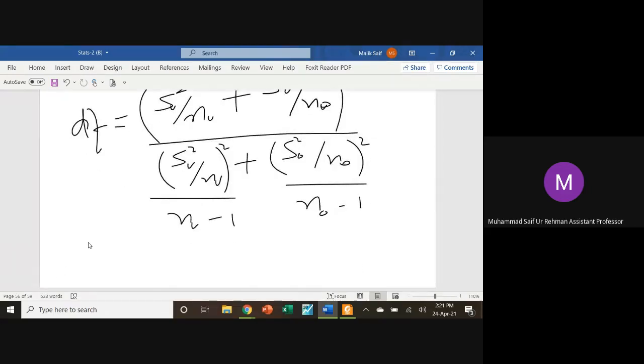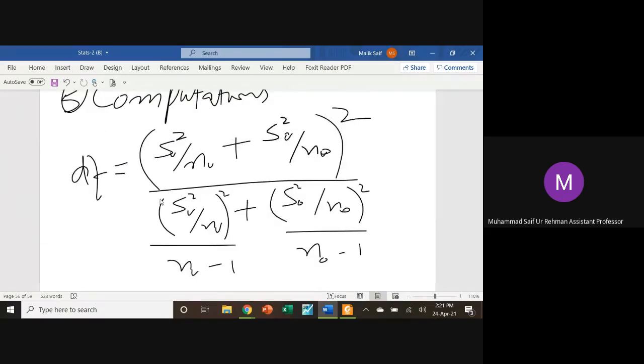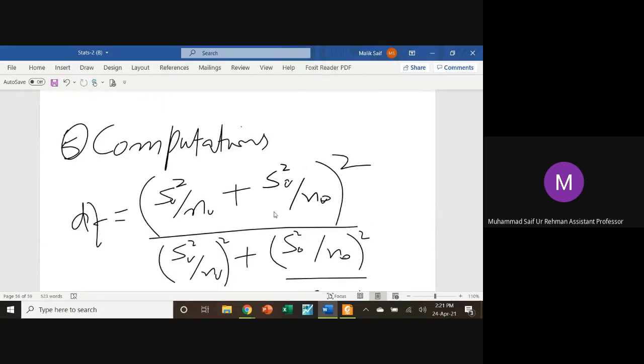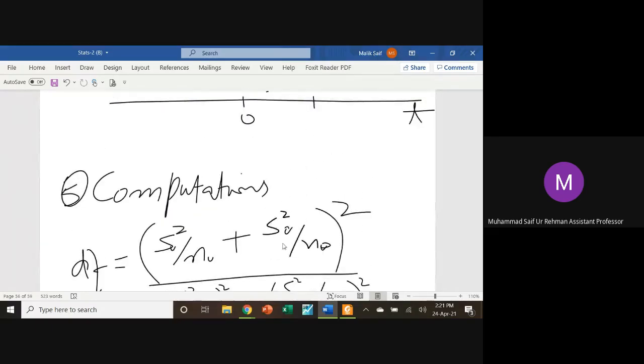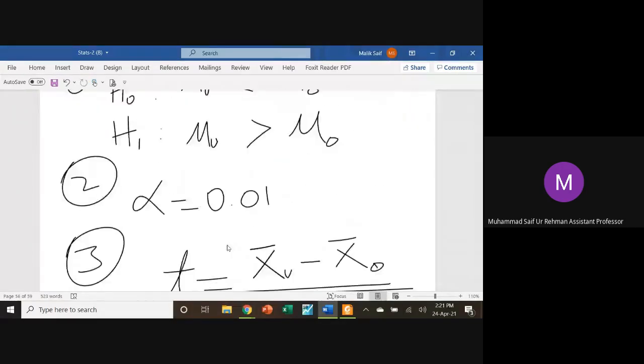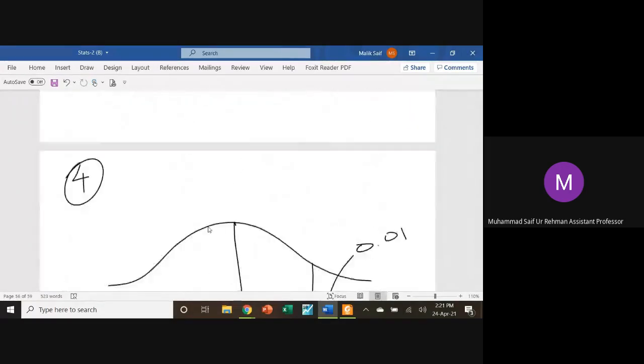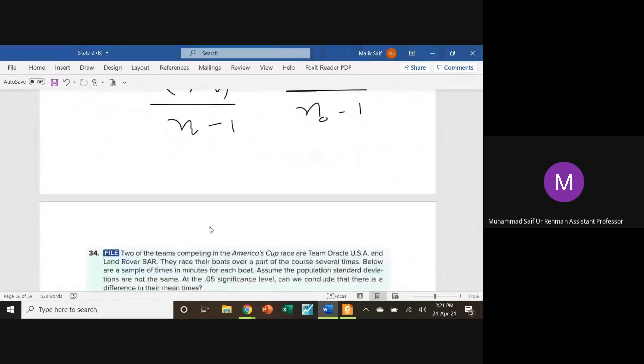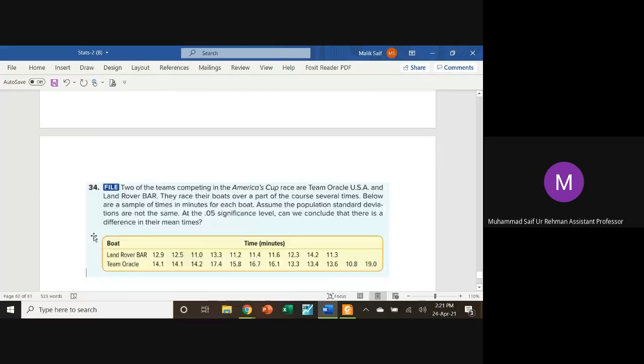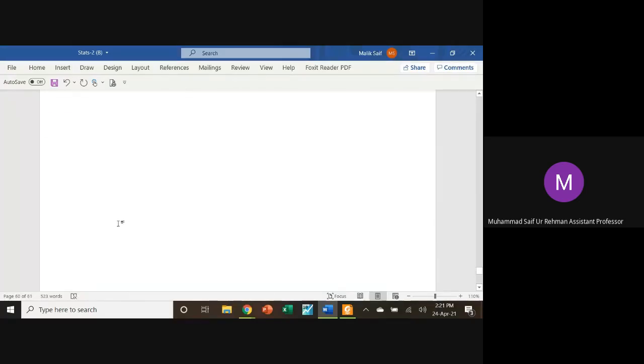So now you may give the values, but you don't know what SU square is. You don't know what SO square is. So for that, you have to solve it manually. So on your answer sheet in the examination, if such a question is there, you will solve it manually. How will you solve it? For that, I think I have written data over here.